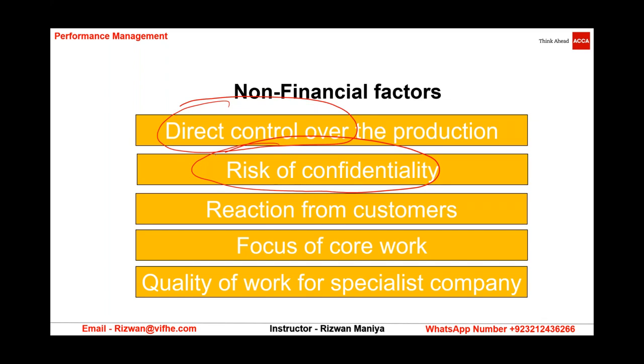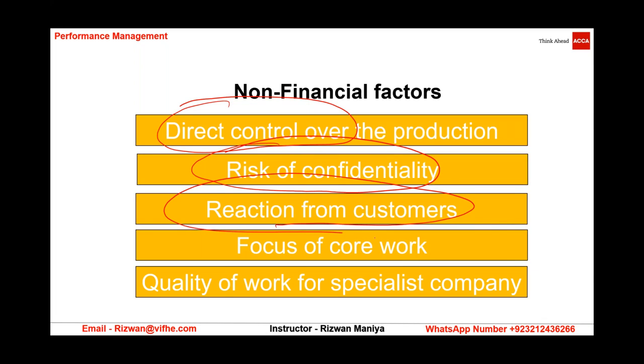For example, you make a perfume, right? If you have a secret formula for that, and you're outsourcing that to some other party, there is a possibility that they might leak your formula. So there is a risk of confidentiality loss. Then reaction from customers. We all know that 7 to 8 or 10 years back, suddenly every company shifted towards China and started buying from China.